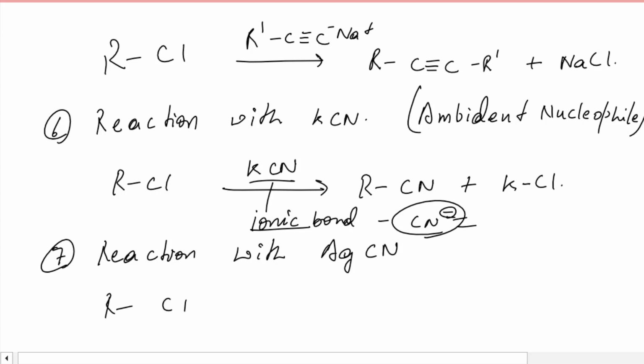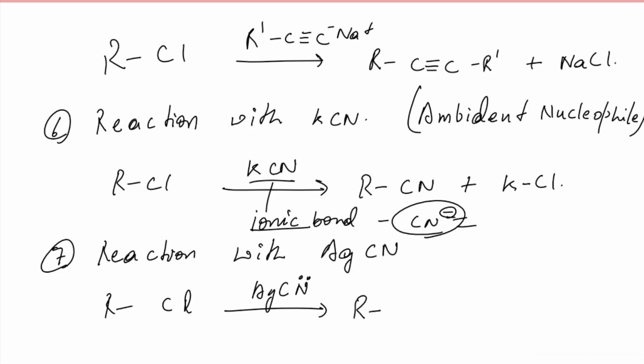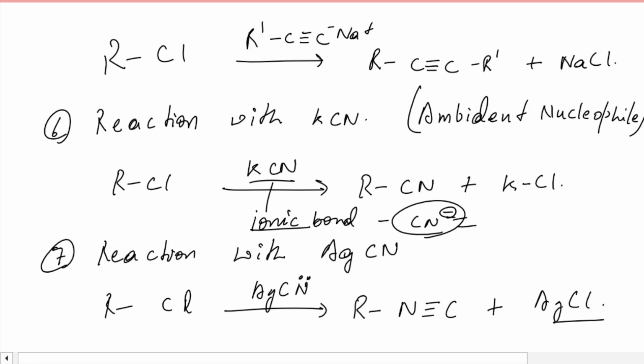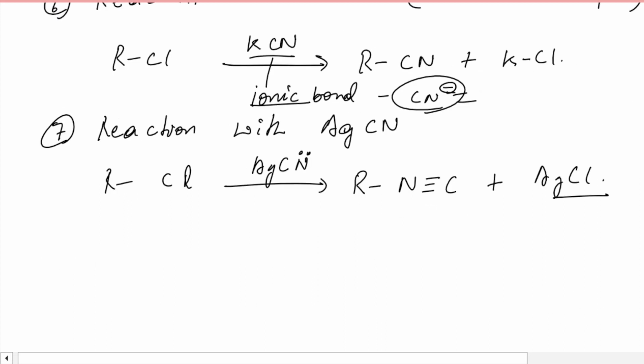In the reaction with AgCN, there is a covalent bond, because of which the lone pair present on nitrogen is the attacking one, which makes nitrogen the attacking species. So the compound formed here is RNC, that is isocyanide, plus AgCl. This is because of the covalent bond present between Ag and CN.